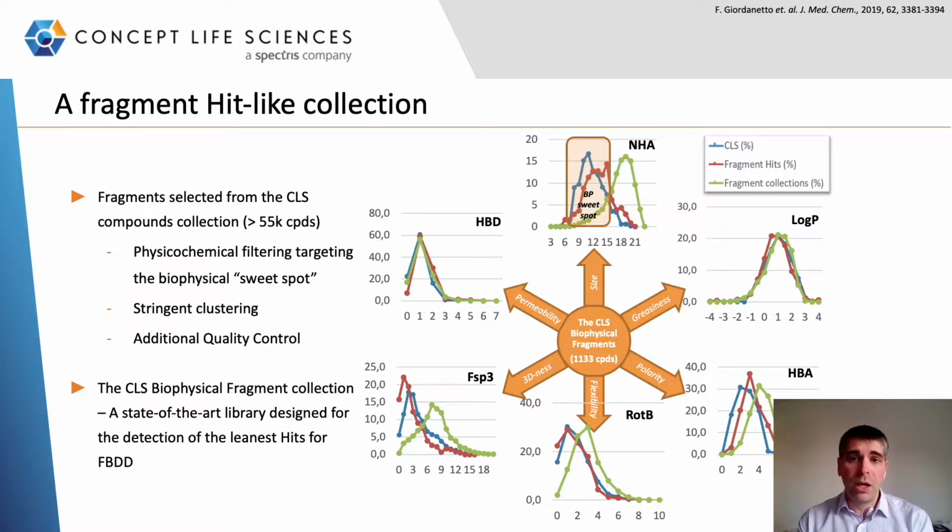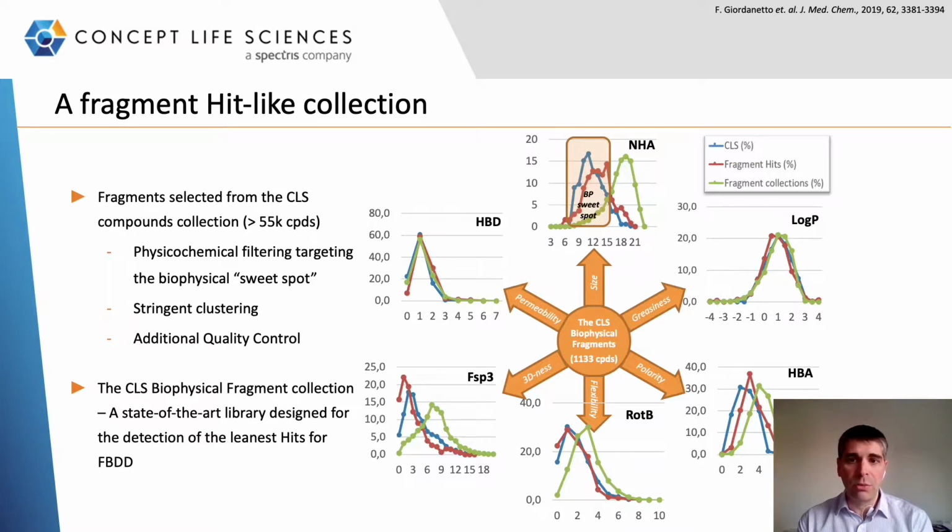And as you can see, our fragment library does not only fit within these biophysical sweet spots, which we hope will maximize our ability to detect lean hits, but we also address some of the differences between typical fragment collections and what typical fragment hits look like, which have been reported over the past 10 years.